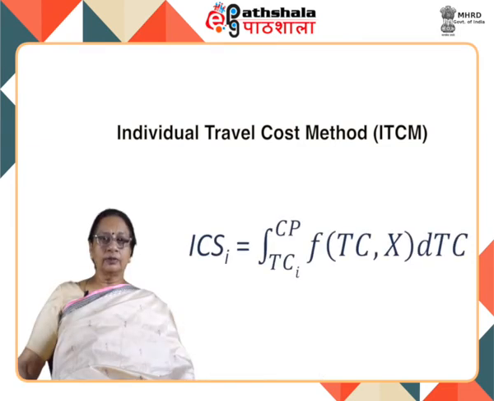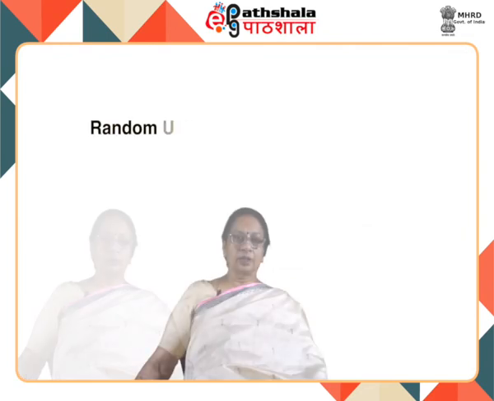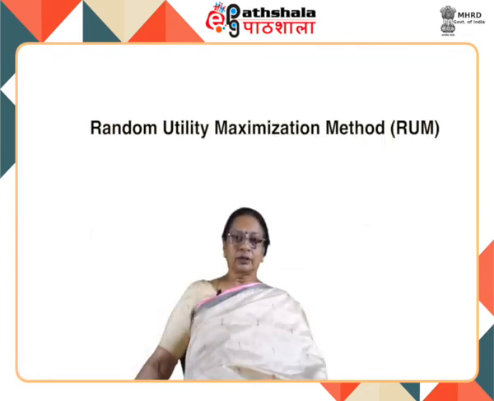Using the demand equation, the annual consumer surplus for individual I can be calculated as has been shown here. The total consumer surplus can be estimated by multiplying the individual annual consumer surplus by the number of individuals visiting the site. Now, we will discuss random utility maximization method.